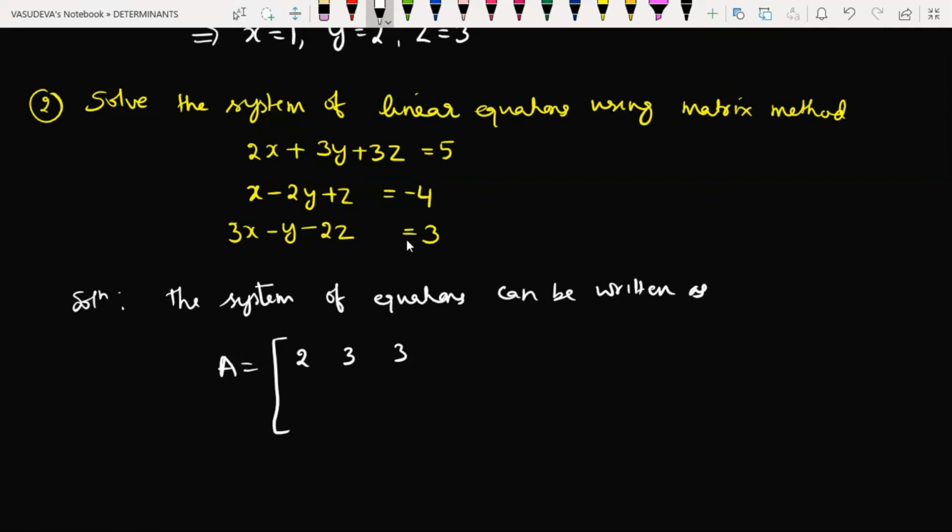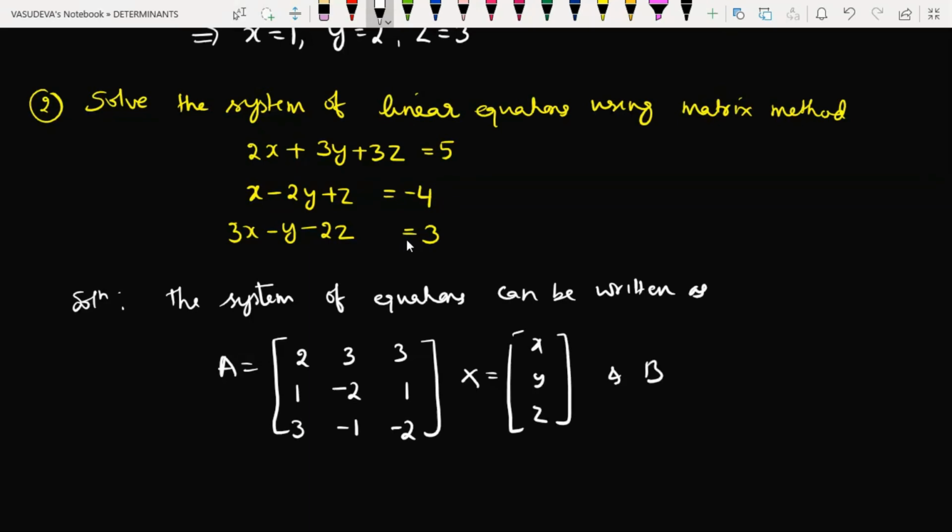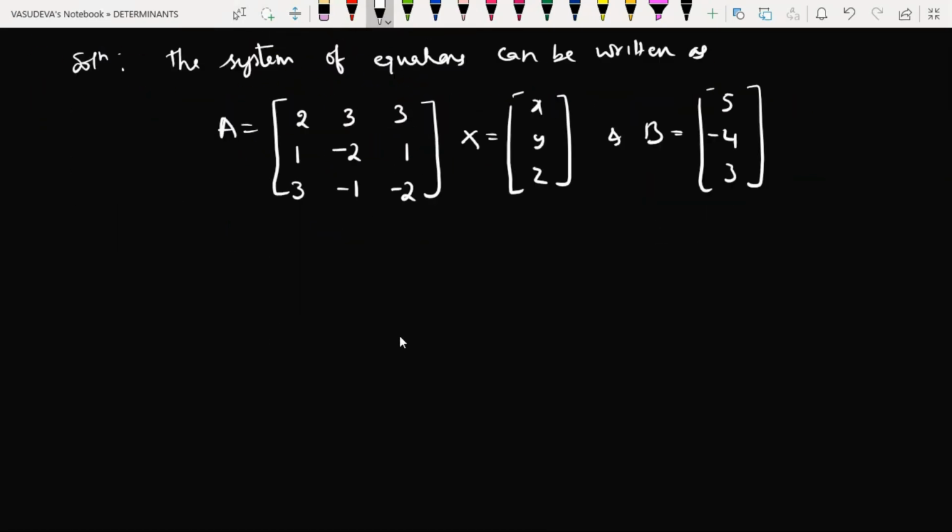Second equation, the coefficients of x, y, z are 1, minus 2, 1, and 3, minus 1, minus 2. Then X, the matrix of variables, is x, y, z, and B is 5, minus 4, 3. Now we have to find the determinant of A.